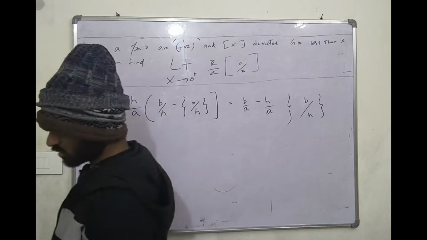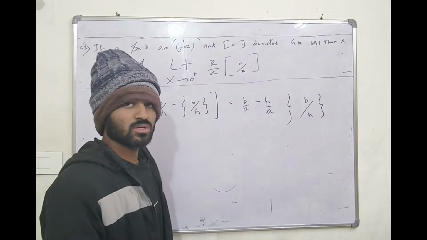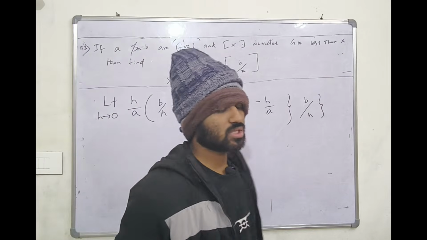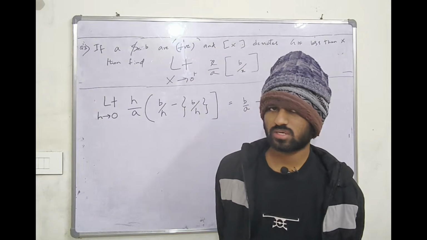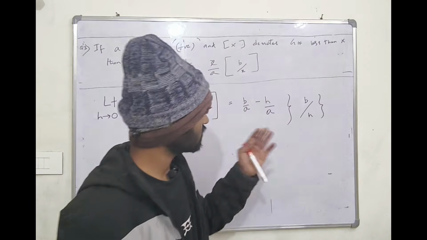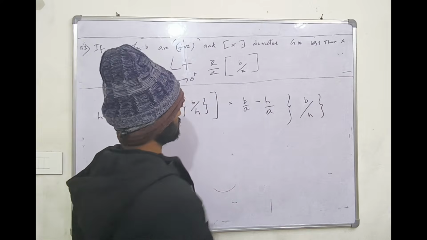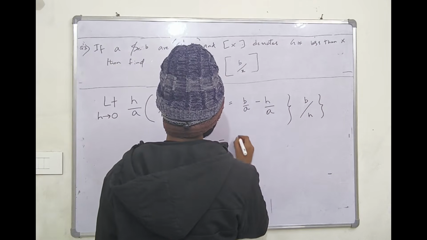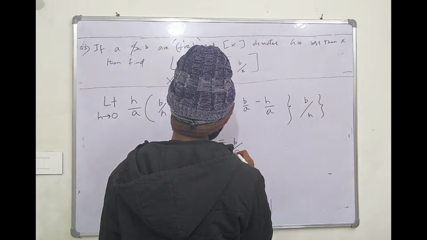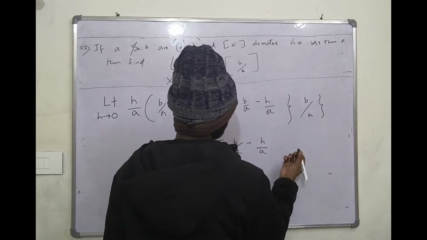Okay. So here if you observe one thing, in the before example we took b equals 10 power 100. So if you keep b equals 10 power 100 and h equals 10 power minus 40, then this is, let's keep it as b by h only, minus h by a, okay.